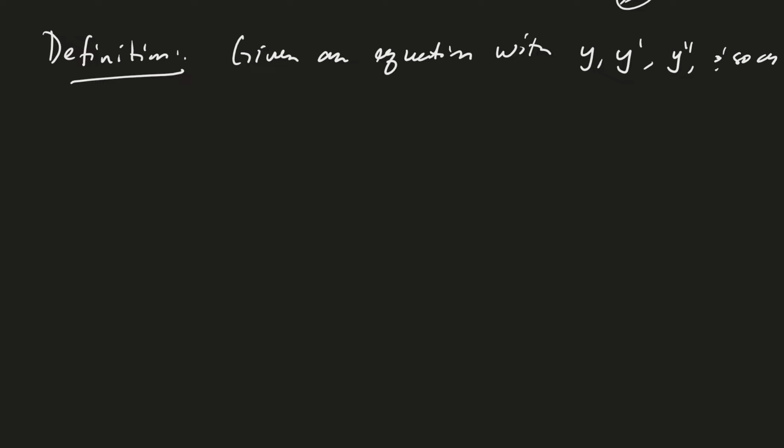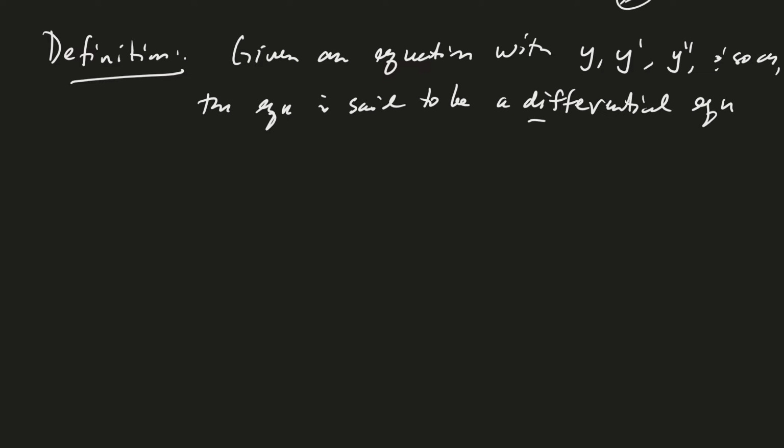You don't have to have all the derivatives, but you might have a few derivatives. The equation is said to be a differential equation. And in differential equations, the unknown is the function y.